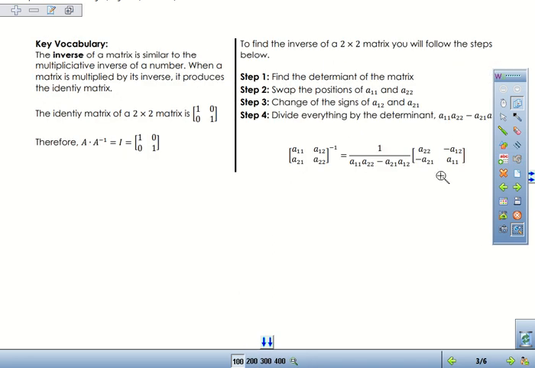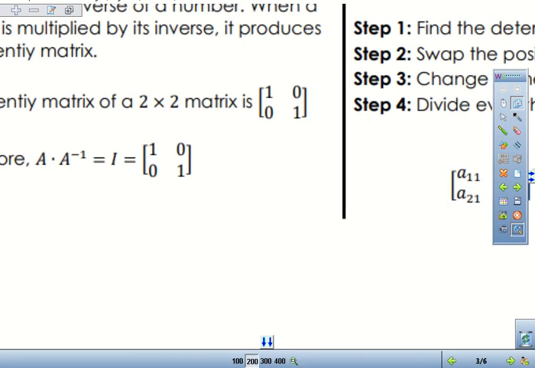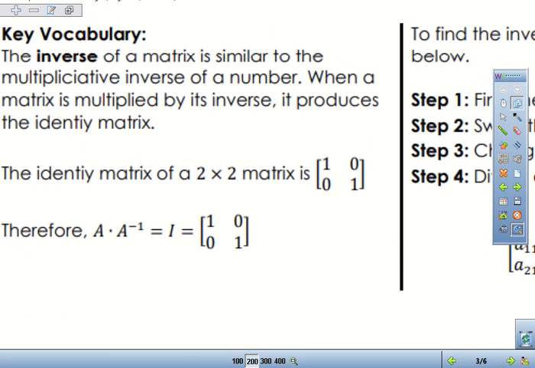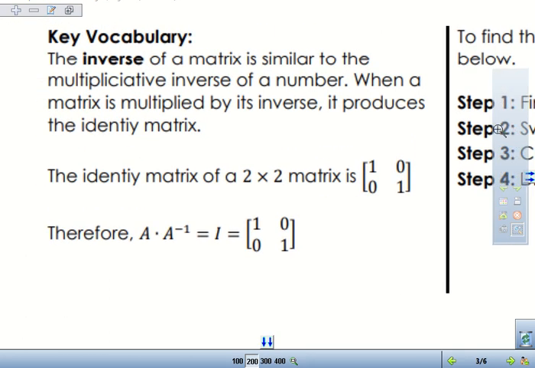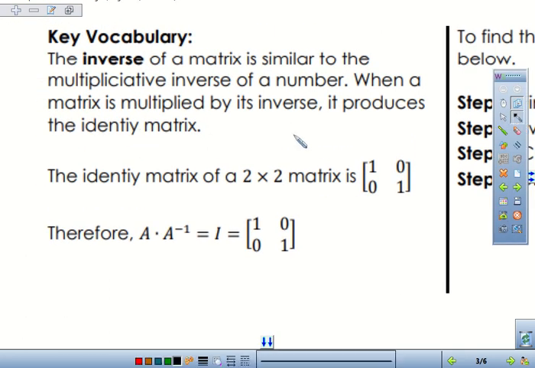Next, we're going to talk about something called the inverse. So the inverse of a matrix is similar to the multiplicative inverse of a number. When a matrix is multiplied by its inverse, it produces something called the identity matrix. So the identity matrix always looks like this. There are identity matrices for all sizes, but it's basically just when the diagonal going from left to right downward is always 1, and all the other numbers in the matrix are 0.